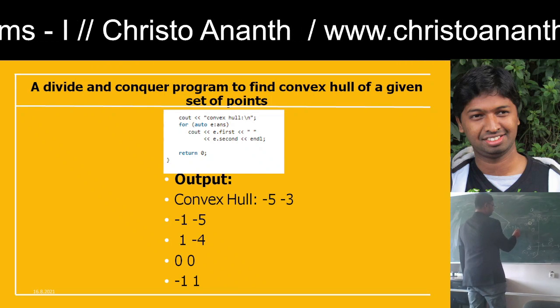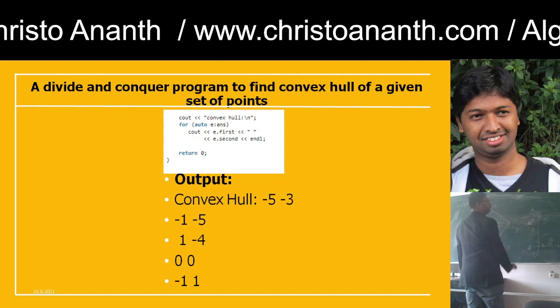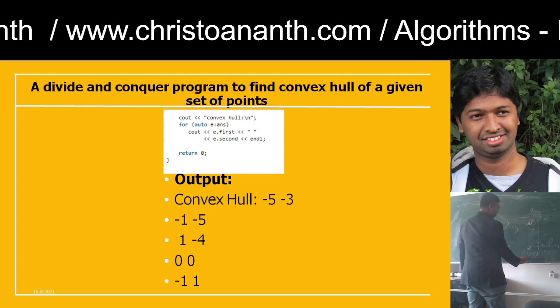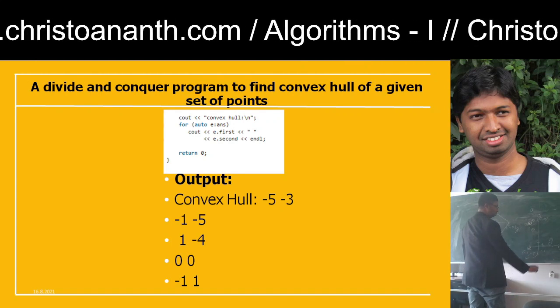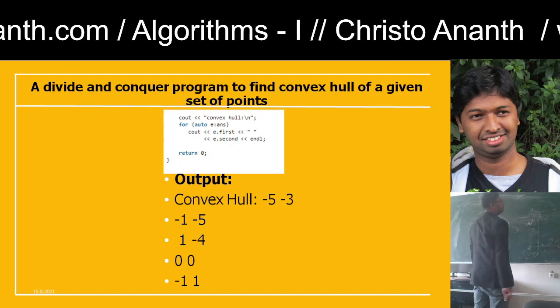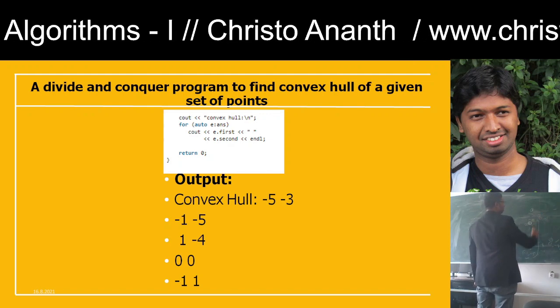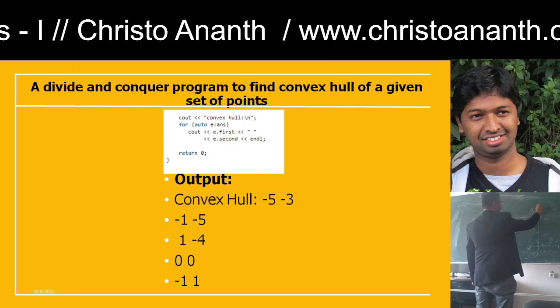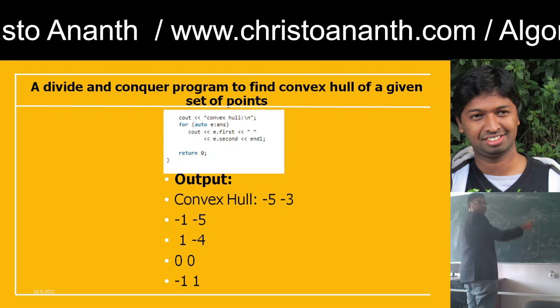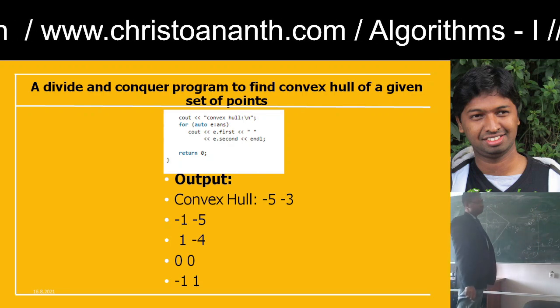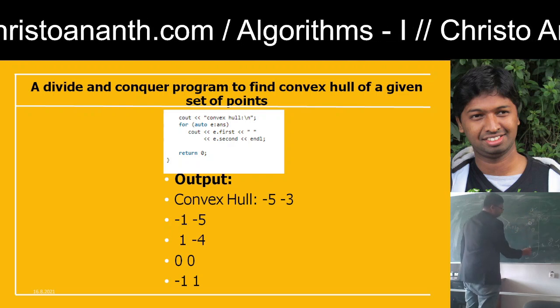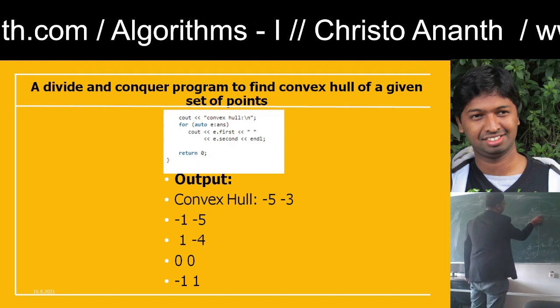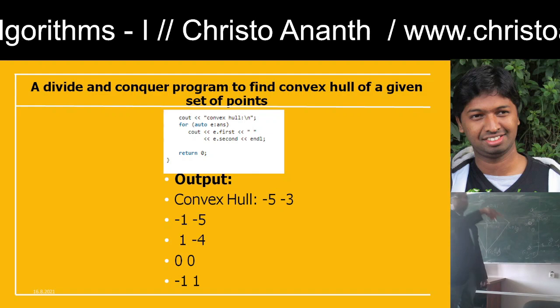Yes. Minus 1, minus 5. Yes. 1, minus 4. Yes. 0, 0. Yes. Minus 1. No, this is the outer. This is the outer point. Outer point. This connects to the polygon.